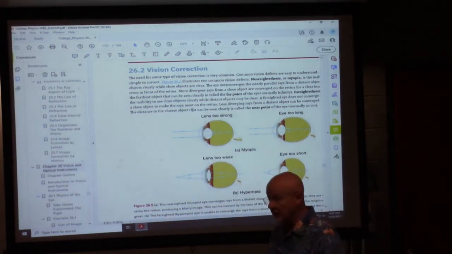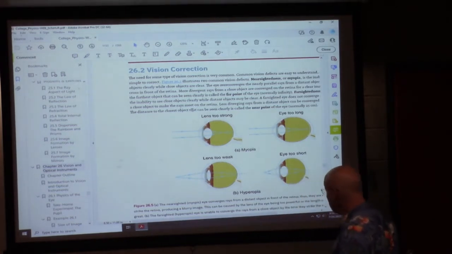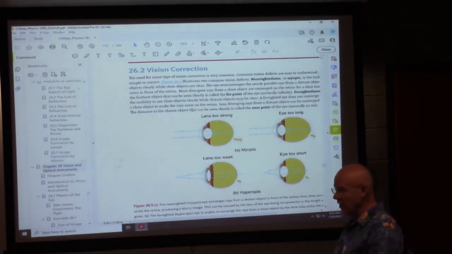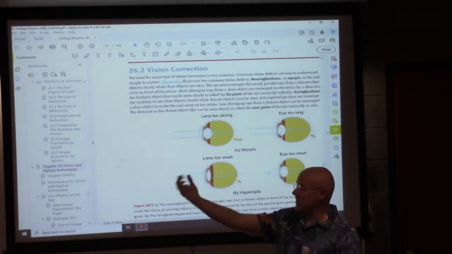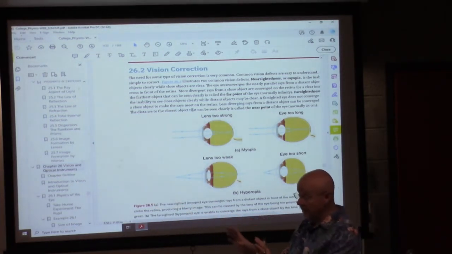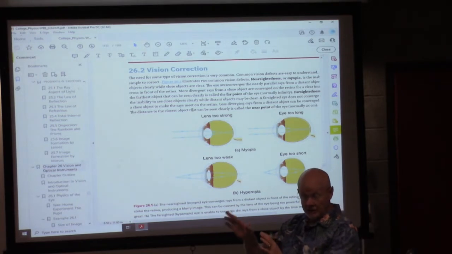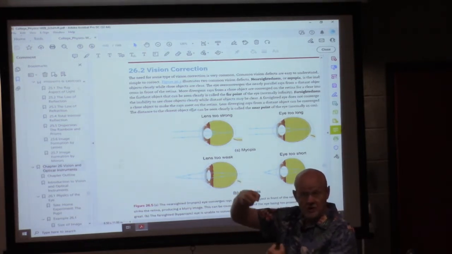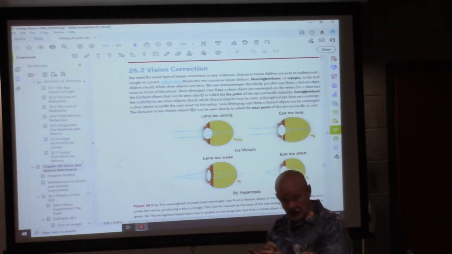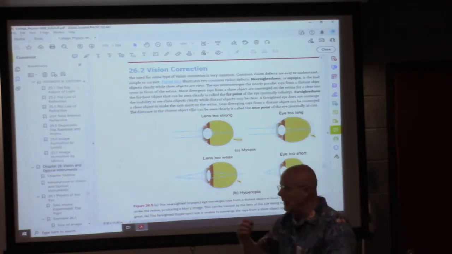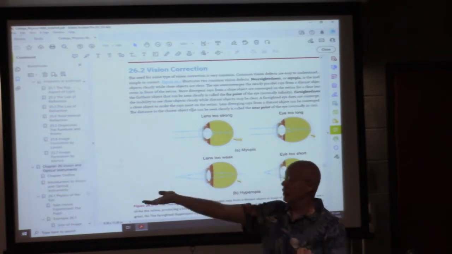Okay? Now, let me point out that you could, of course, and that's why it's called farsighted, if your eyes are relaxed and you're looking at something far away, you're going to go, oh, it's out of focus. But if it's too weak, remember, you could use the muscles and squish the lens and bring it into focus. So somebody who is farsighted is not being relaxed when they look at something far away.